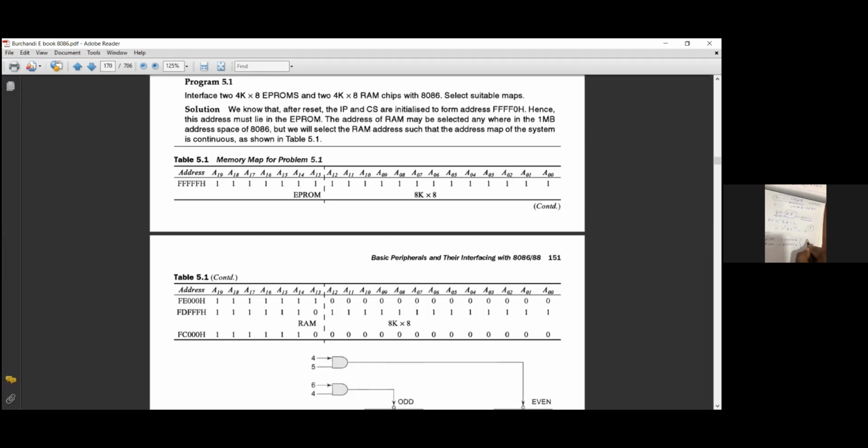Why? Because at reset condition, the program counter is set at 0000H. Is it clear? Yes, sir.